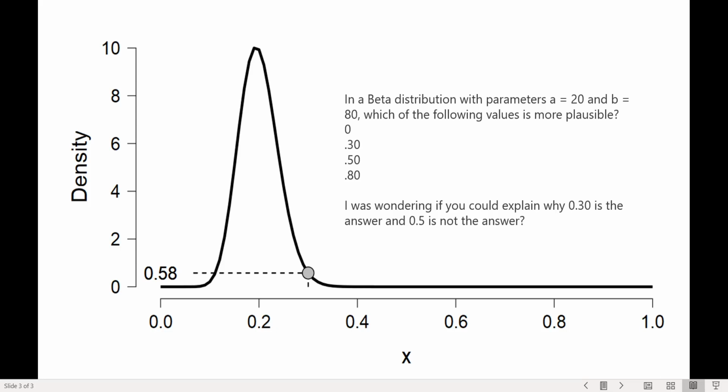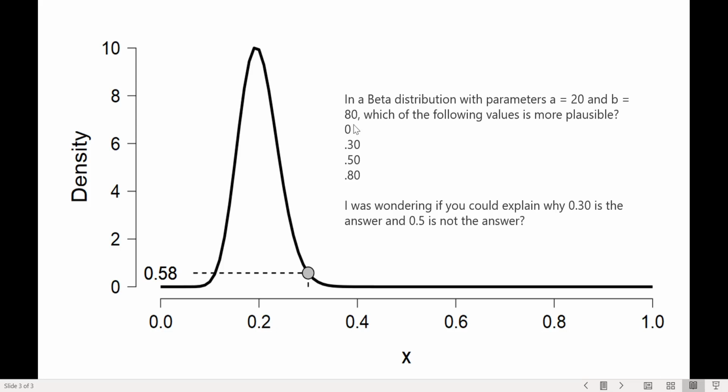That means that the most likely probability, which is the parameter of the binomial distribution that these number of successes comes from, is a probability of 0.2 or 20%. Okay. Now, the options here are 0, 0.3, 0.5, and 0.8. 0.2 is not there, but the question is saying which of the following values is more plausible.